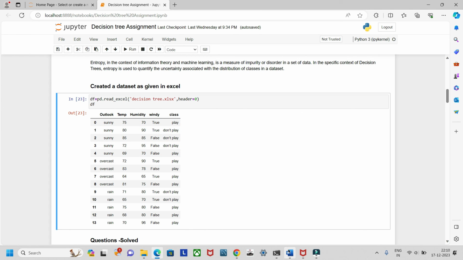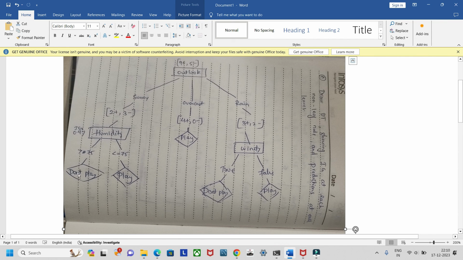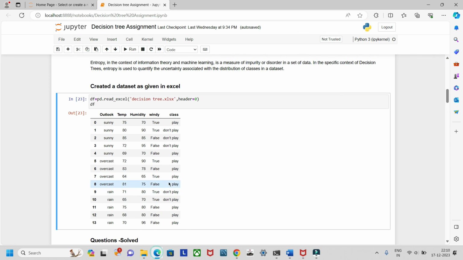Okay, so this is how it is selecting at the child nodes or the predicting output. Similarly for rain it is choosing windy depending upon the information gain, and then true or false. If we go to rain here and you go to windy, if it is true it is don't play, and if it is false it is play.